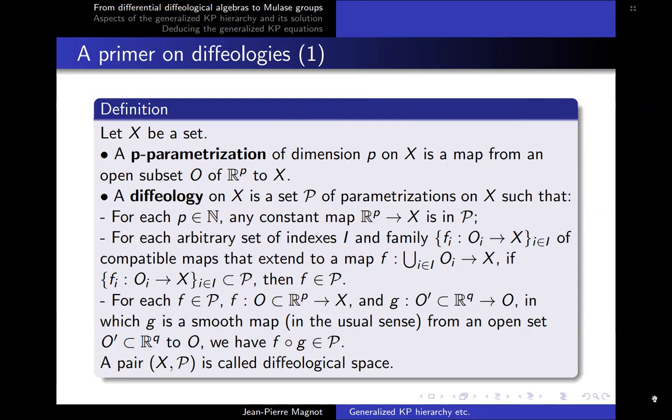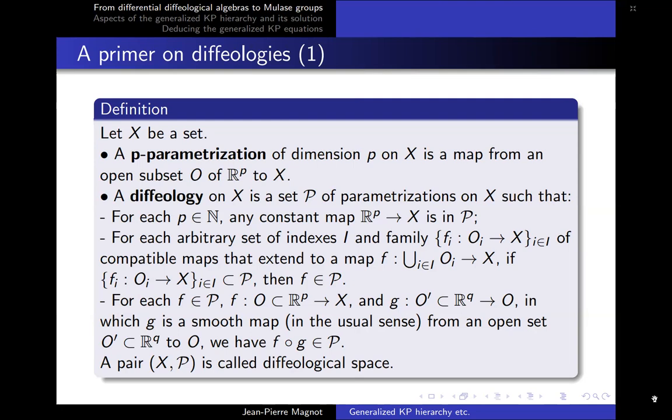This is a way to deal with singularities, and this is also a way to deal with some infinite dimensional objects on which nobody can prove that there are charts, or it is known that we cannot give any system of charts.